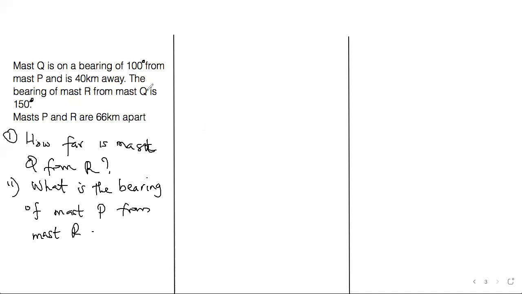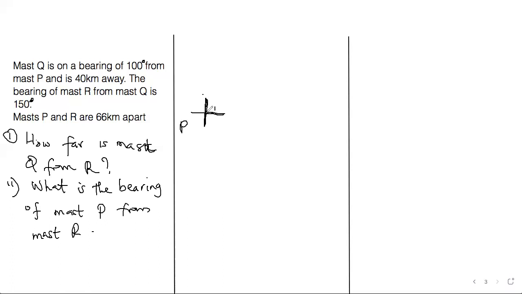The first part of the question says Q is on a bearing of 100 degrees from P, so I have to start from P. So let's say my point P is here. We are told that Q is on a bearing of 100 degrees from it. I have to always start from the north and go in a clockwise manner.